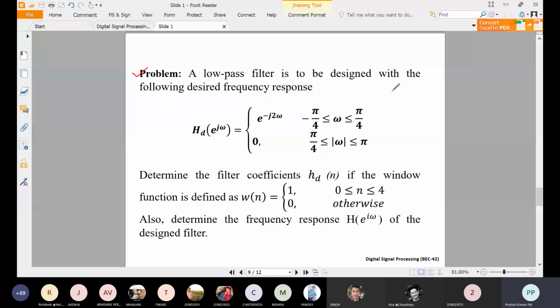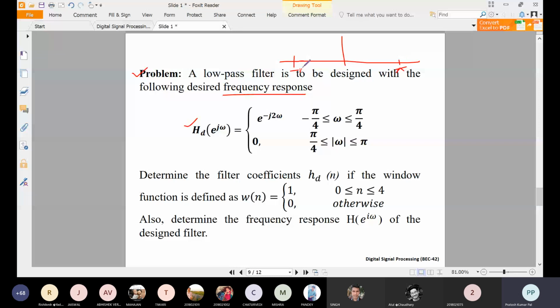For omega, one thing is that the frequency response should be periodic with a period of 2 pi, or if it is defined for positive and negative frequencies, it will be periodic from pi to minus pi.